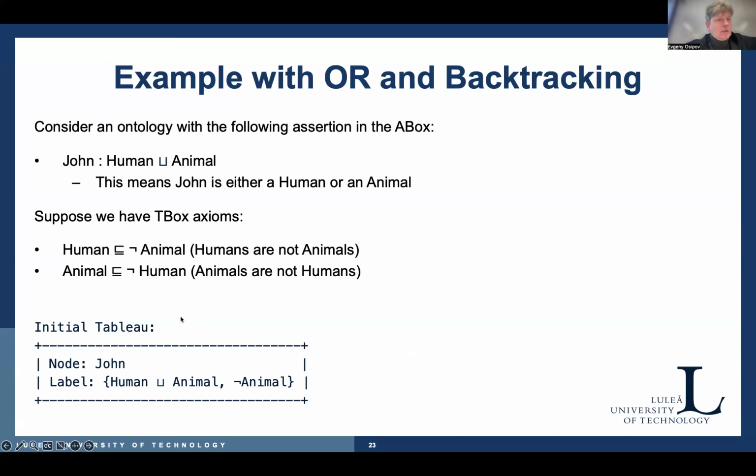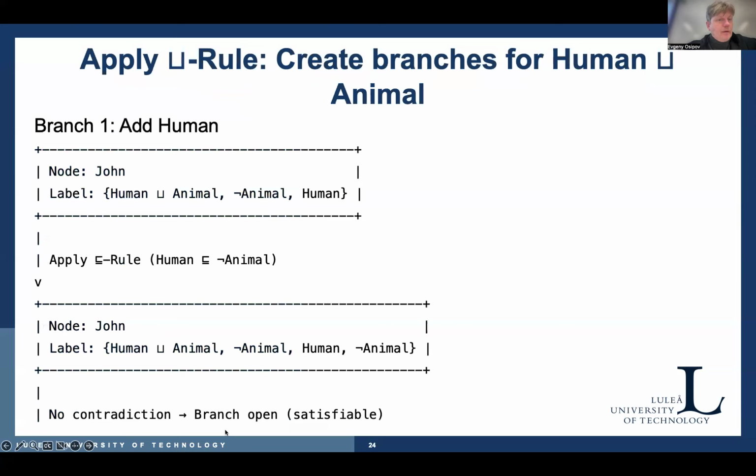First, saying that human is not animal. If you are human, then you are not animal, right? That is the first branch, so you add not animal and human.